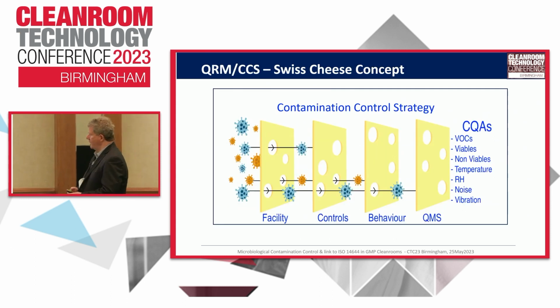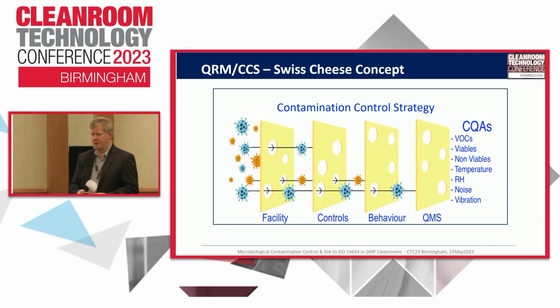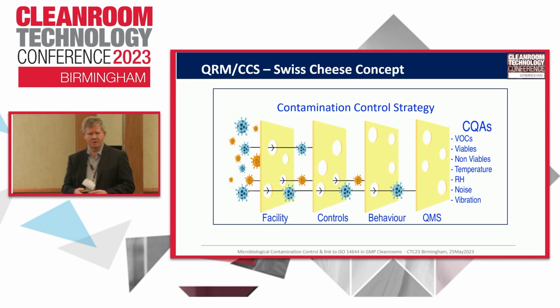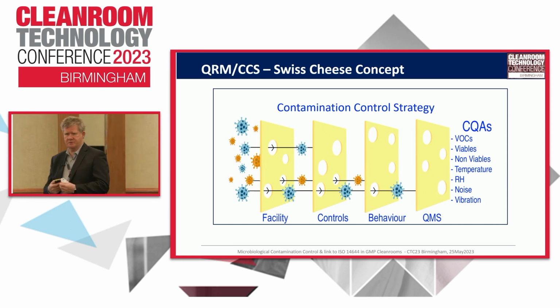So we have this box in a box, the onion principle in -4, but I've been using more and more over the years what I call the Swiss cheese approach. And what's interesting is Annex 1 says, by the way, that it does not expect one measure on its own to do the job.